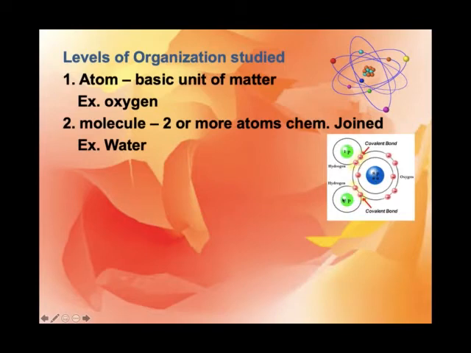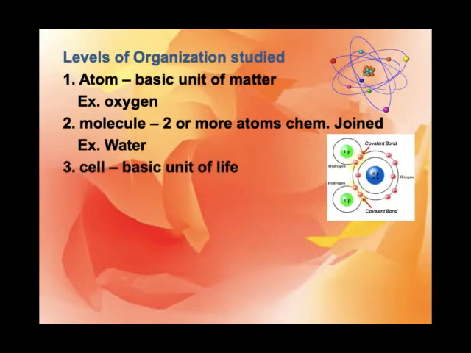The sharing of the electrons creates the bond, and that's what gives water its properties. You could put hydrogen and oxygen in a bottle together for a very, very long time, and both of those are gases, and they won't have the properties of water until they become chemically joined.